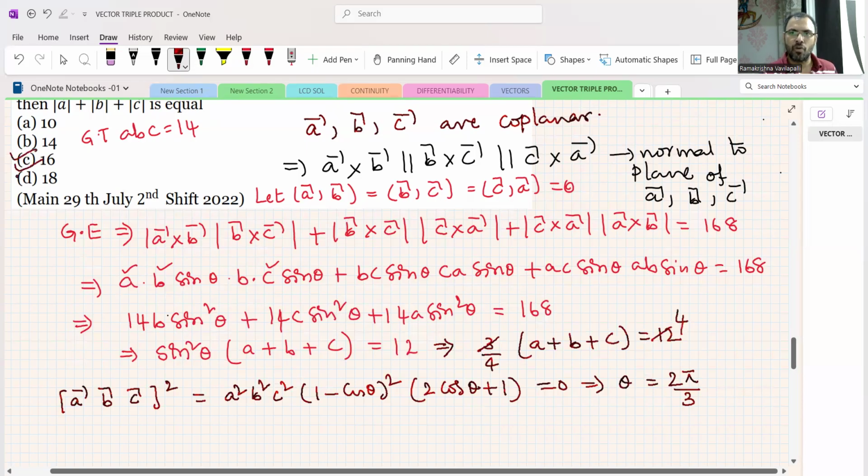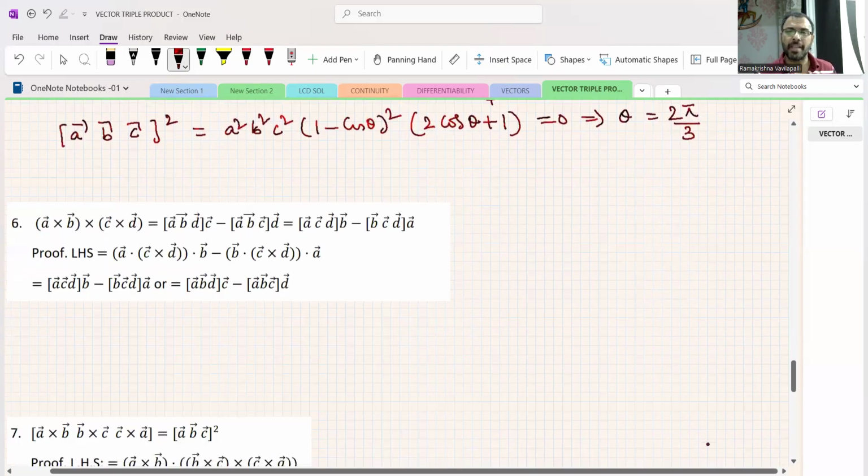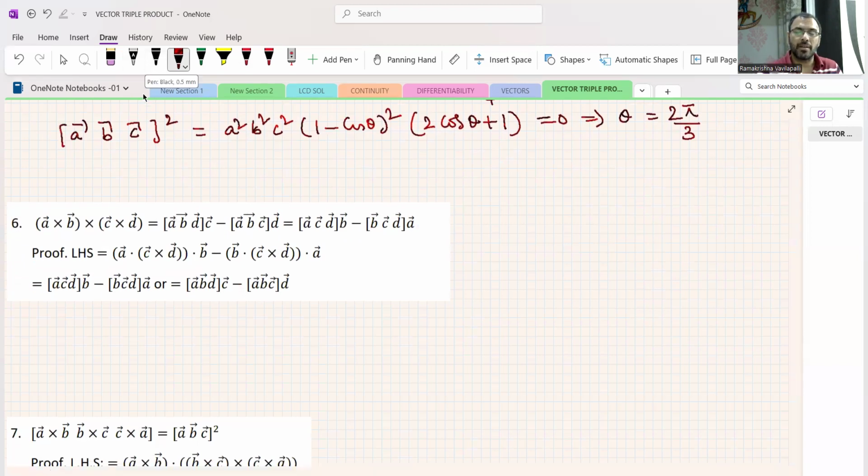What a novel question! Well, I am going to prove another very, very important result. That is the cross product of cross product, cross product of two vectors. So here you see, how do we find out A cross B cross C cross D?